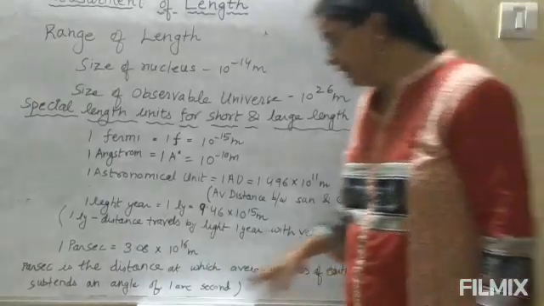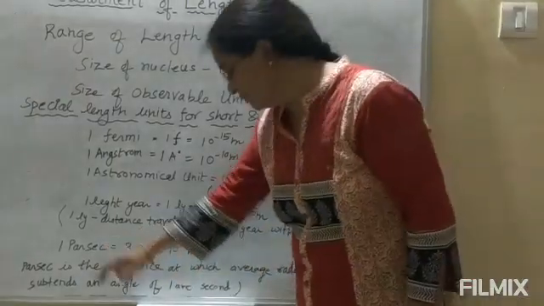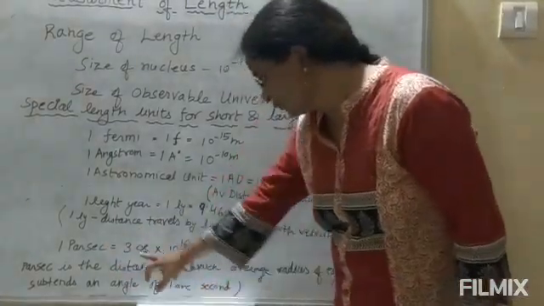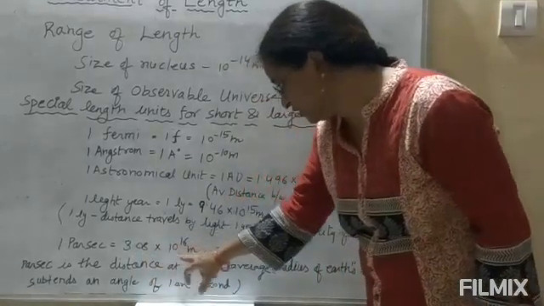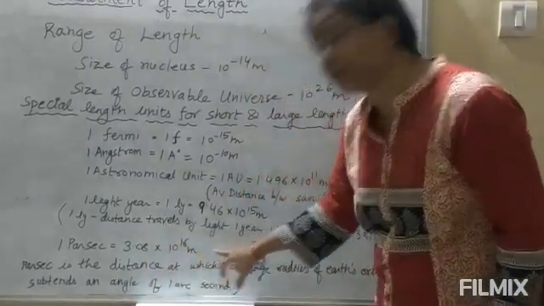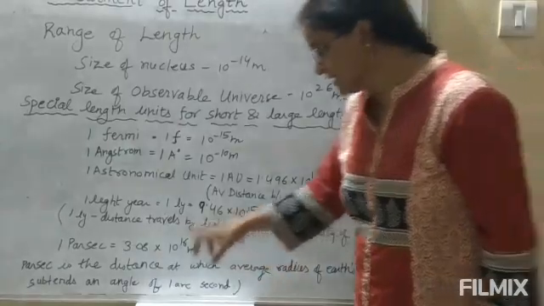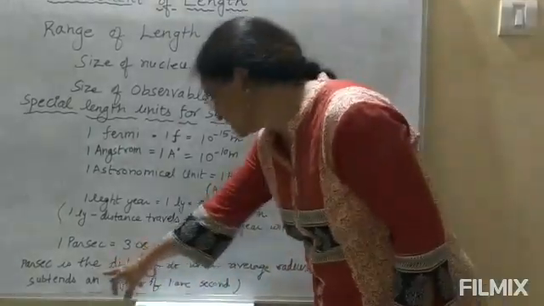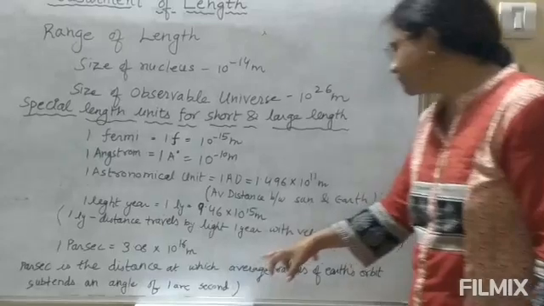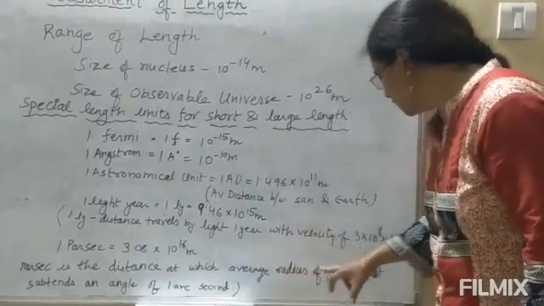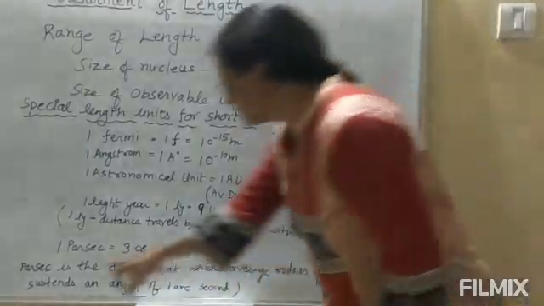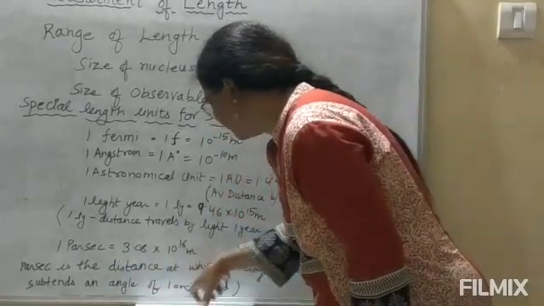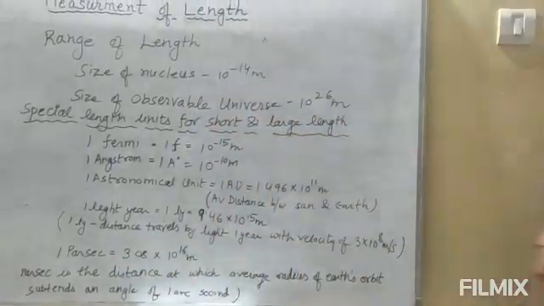Another larger unit is the parsec. 1 parsec is equal to 3.08 into 10 raised to power 16 meter, and a parsec is the distance at which the average radius of Earth's orbit subtends an angle of 1 arc second.